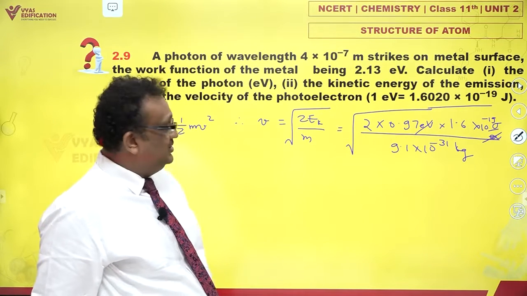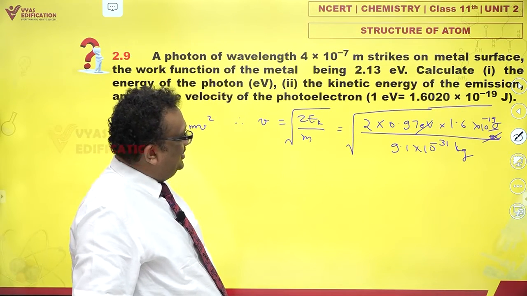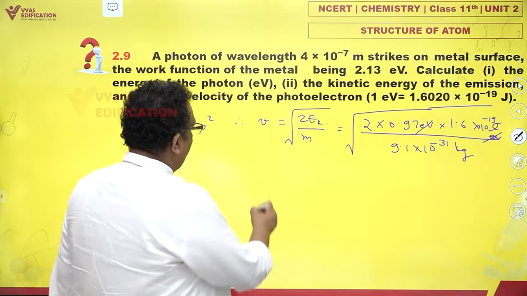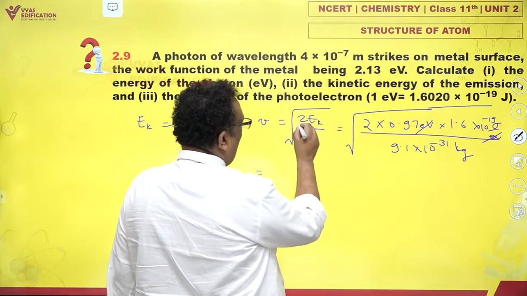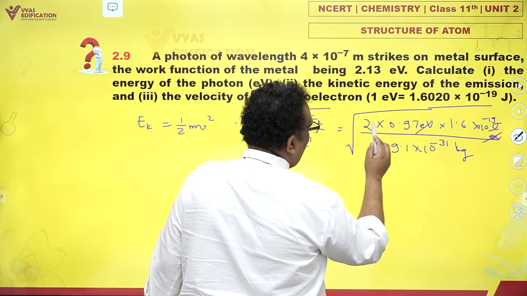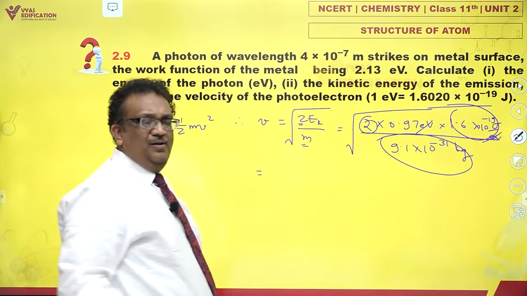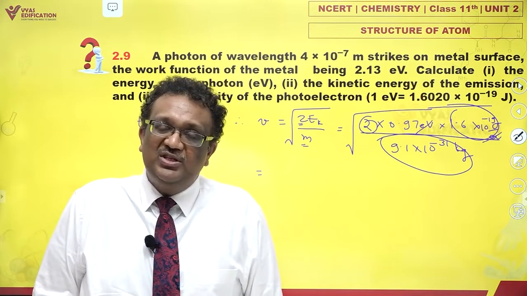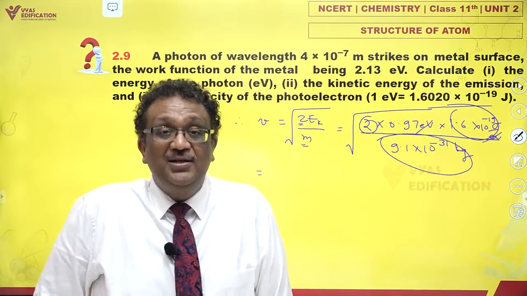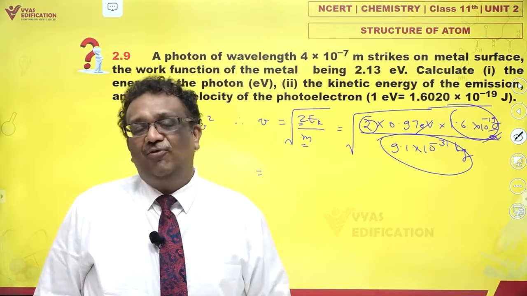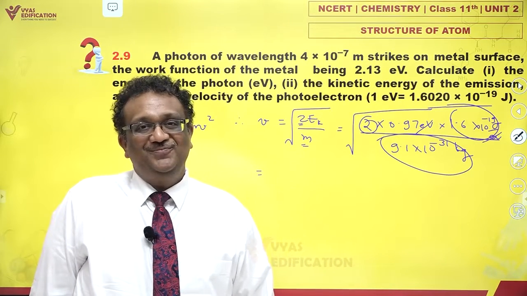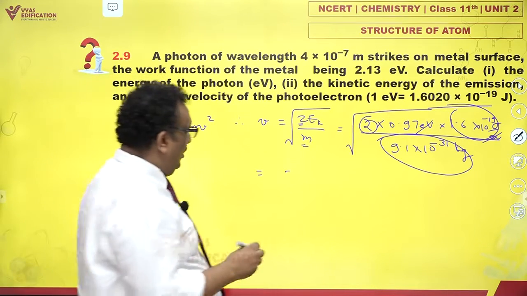Actually, the 2m and this conversion factor are very common; they will always repeat themselves. So I'll just calculate it and tell you, and let us learn that as a formula because we will need it very often.